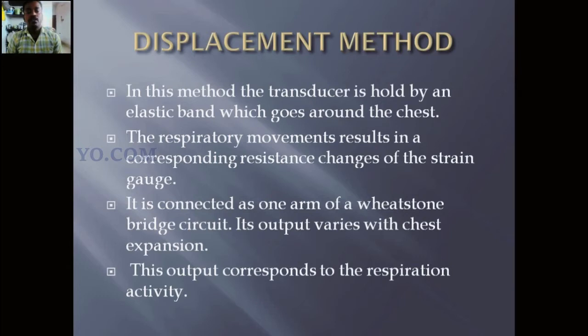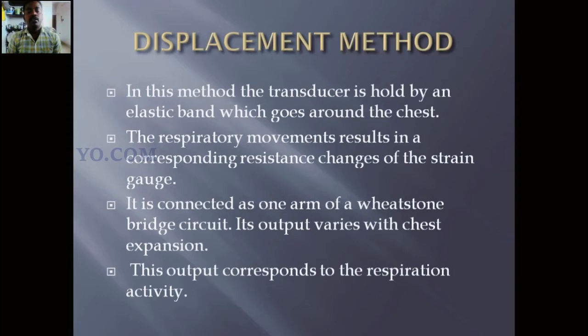The transducer is placed over the chest and held by plastic tape or band in a very tight manner. During respiration, our chest cavity volume increases and decreases. During the increasing and decreasing time, there is movement, there is displacement.